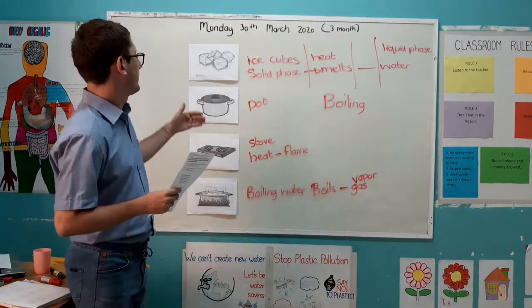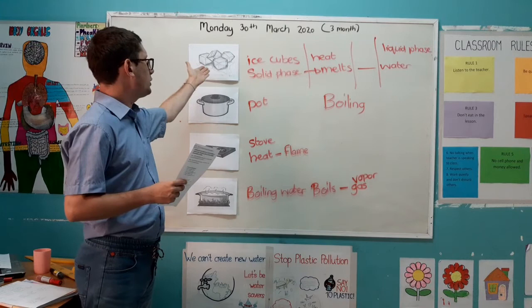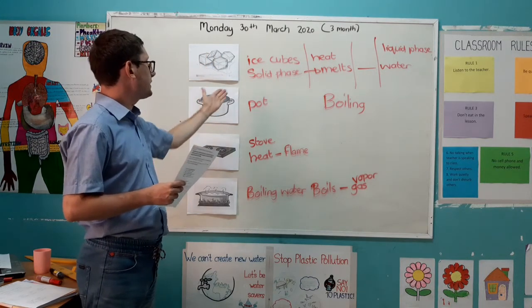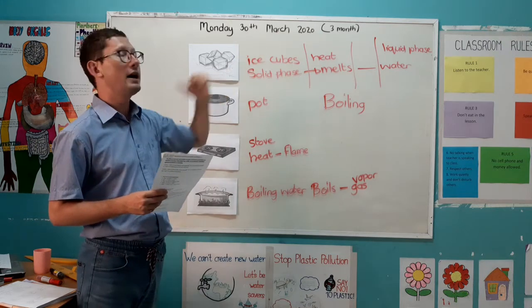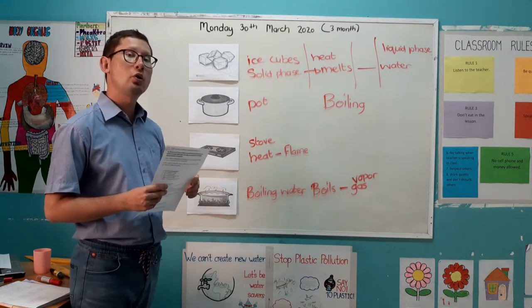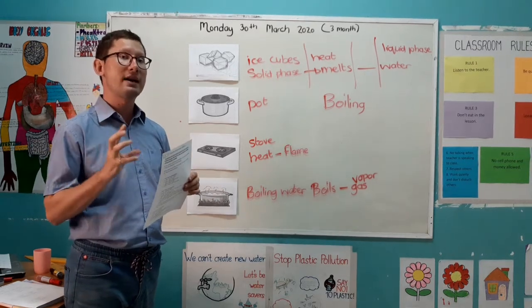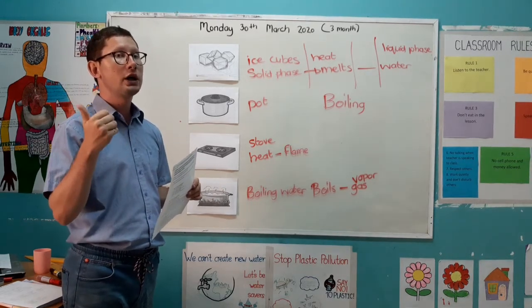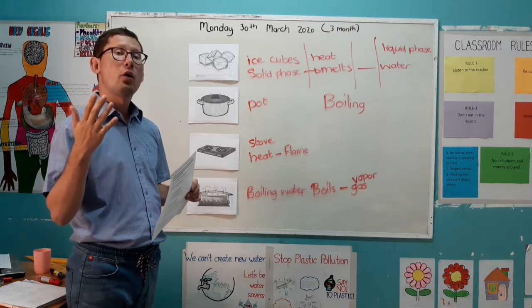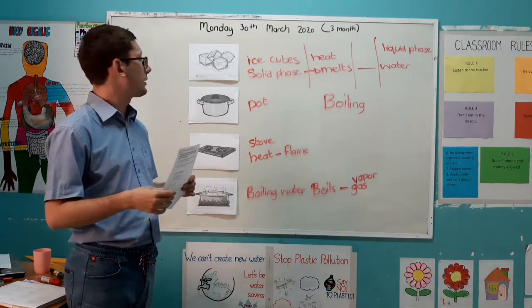Let's say again, you have ice cubes, which are in the solid phase. When you add heat to it, it melts and it turns into a liquid phase, which is called water. But you can also get a lot of liquid phases, like a cold drink, or chocolate becoming a liquid. Alright? Also, oil is a liquid.